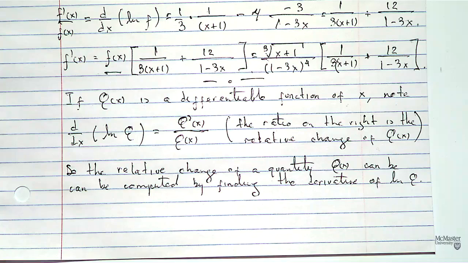So what this is saying is that if I take the derivative of natural log of q, I have the relative change of this object. Where I compare the change to the actual quantity, that's why it's relative. This will pop up later.